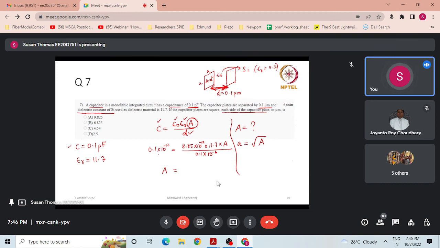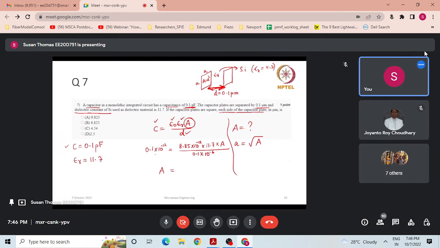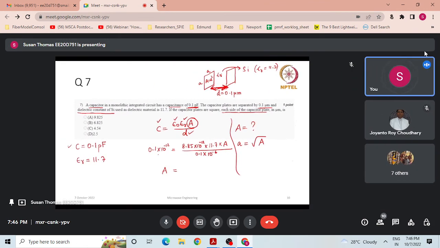There are no responses. Okay, so let me just give away the answers. I hope you will try. Please do try. So the area is 0.965 into 10 power minus 10 meter square. Okay, so the side of this, yeah, I got some answer, 9.8 micrometer.